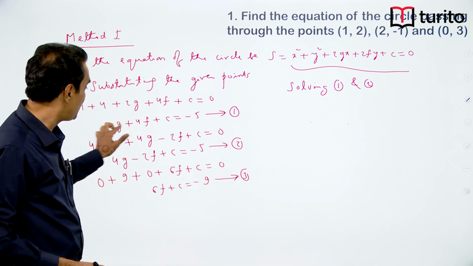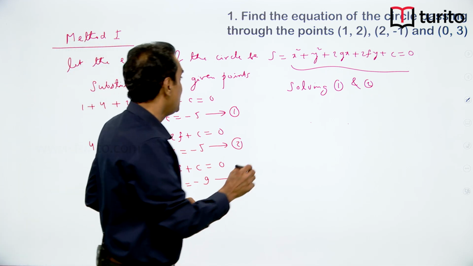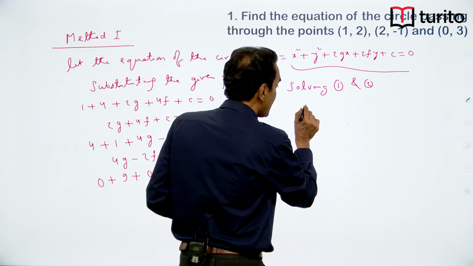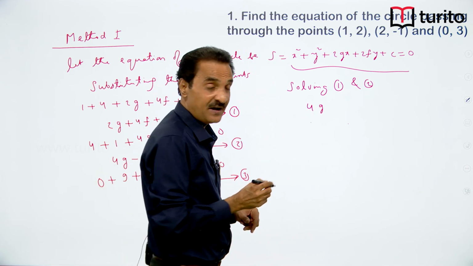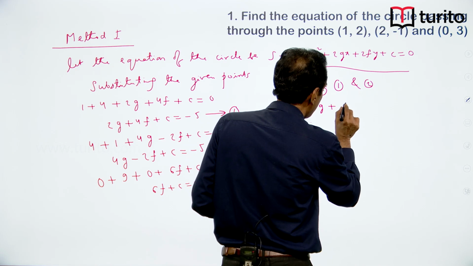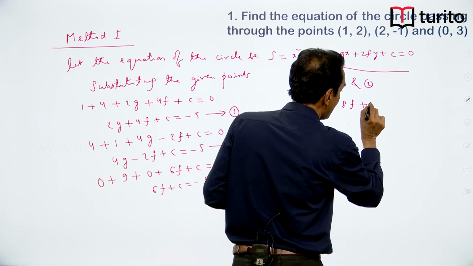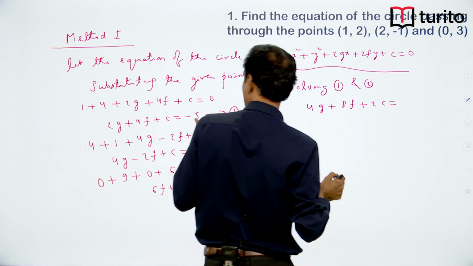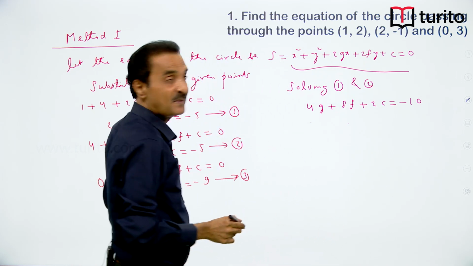I have to multiply the first equation by 2 and subtract the second equation. Multiply the first equation by 2, you will get 4g plus 8f plus 2c is equal to minus 10, multiplying both sides by 2.